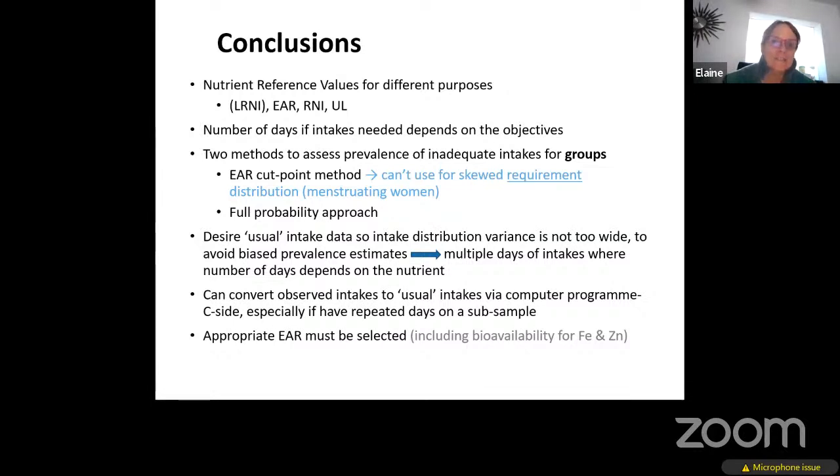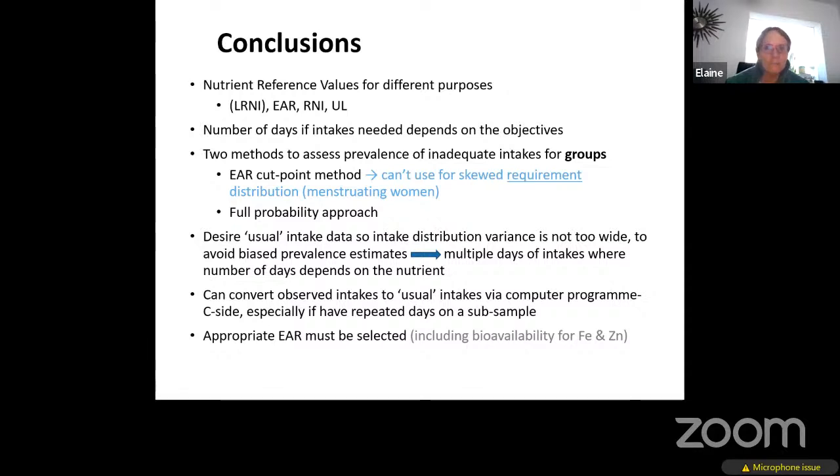The number of days of intakes, if you're doing a survey, the number of days that you ask people to measure their nutrient intakes depends on the objectives, with a higher number of days needed if you're trying to look at relationships between dietary intake, nutrient intakes, and some other functional outcomes, such as growth. There's two methods of estimating the prevalence of inadequate intake for groups, for populations.